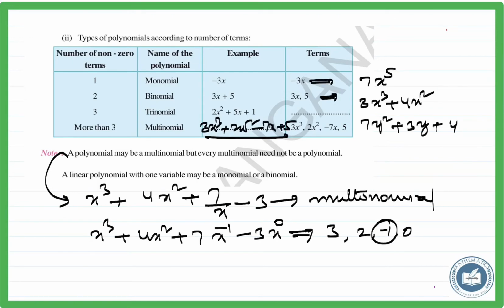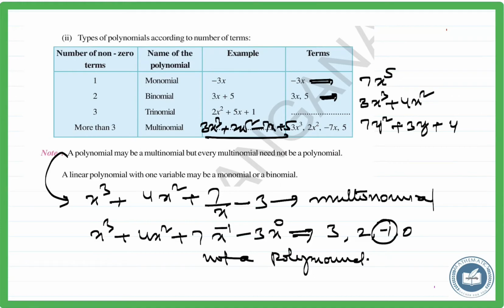Here you see a negative power is there. But the definition itself says that the exponent of the variable must be a non-negative integer. Non-negative integer means 0, 1, 2, 3, but a negative number is present in an exponent of the variable. Therefore, this is just a multinomial, not a polynomial.